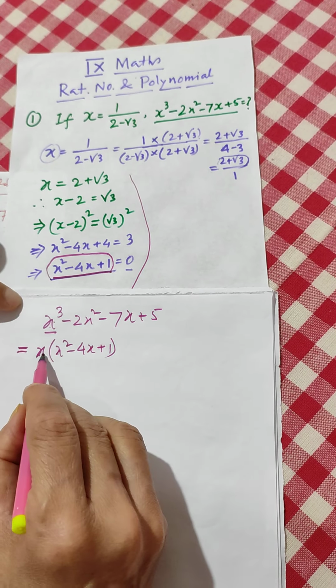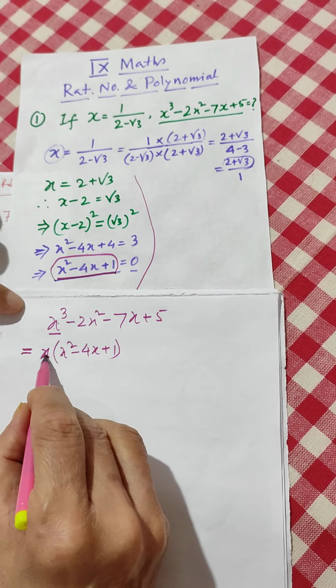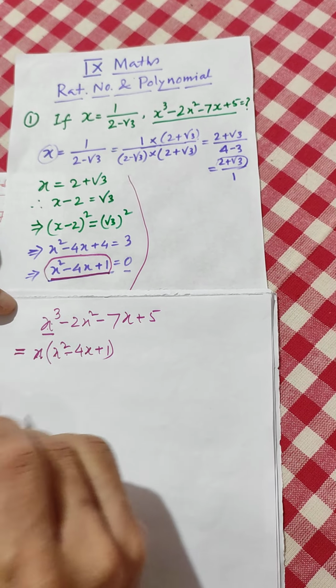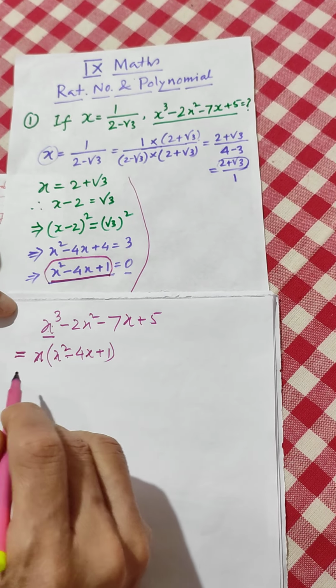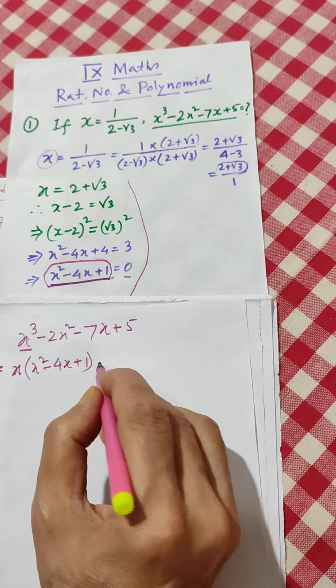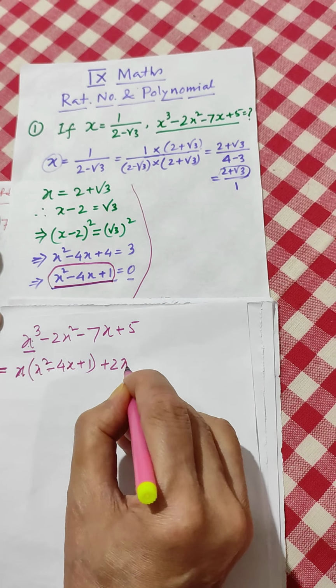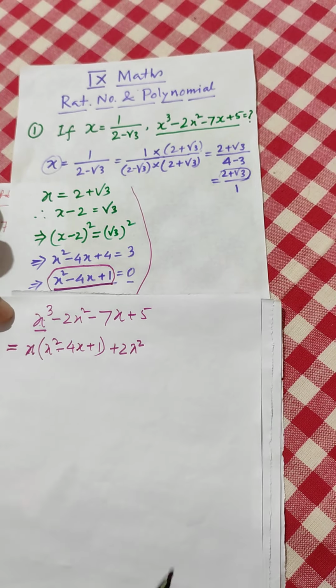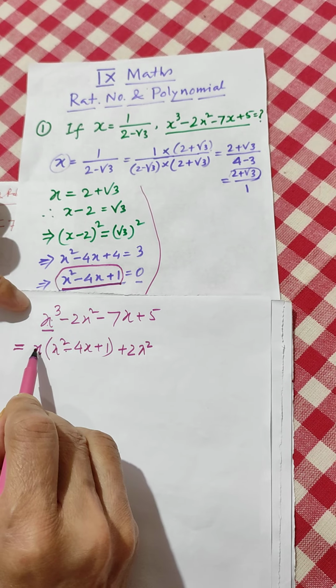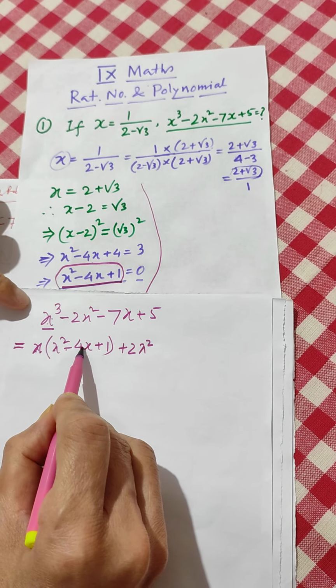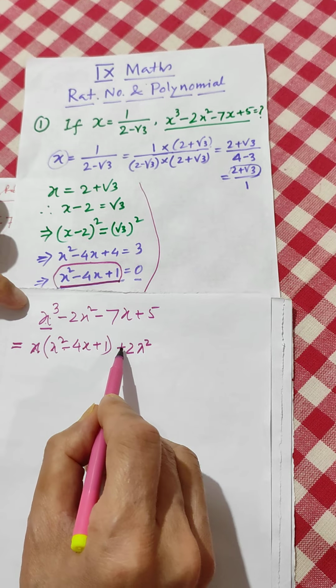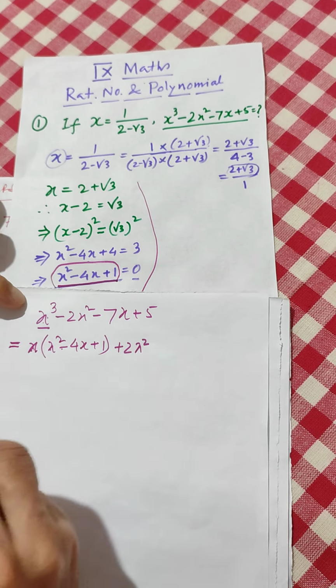Now x into minus 4x is minus 4x square, but this is minus 2x square. So we must write here plus 2x square. Why plus 2x square? Because x into minus 4x is minus 4x square, and minus 4x square plus 2x square will be minus 2x square.